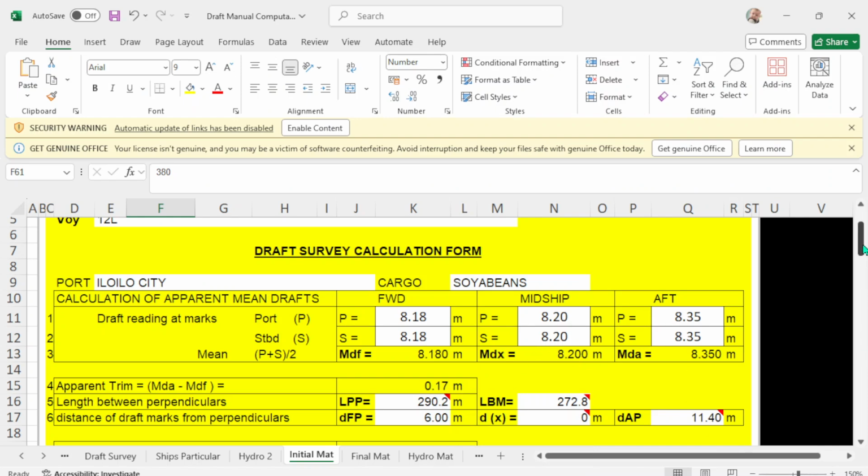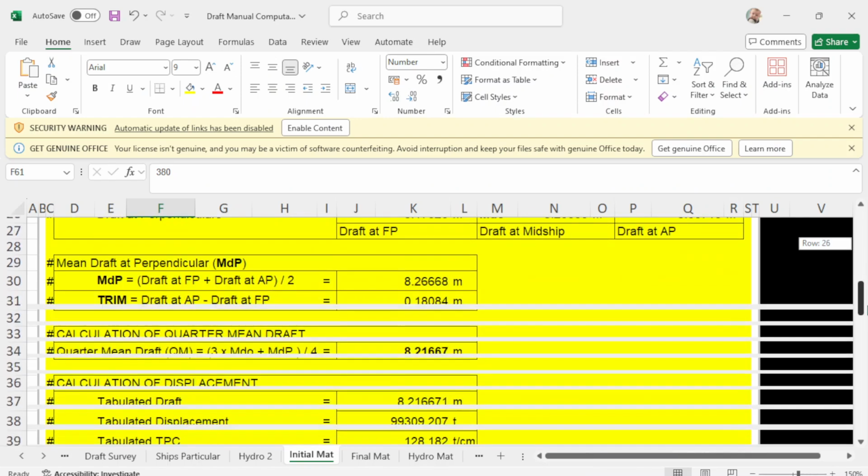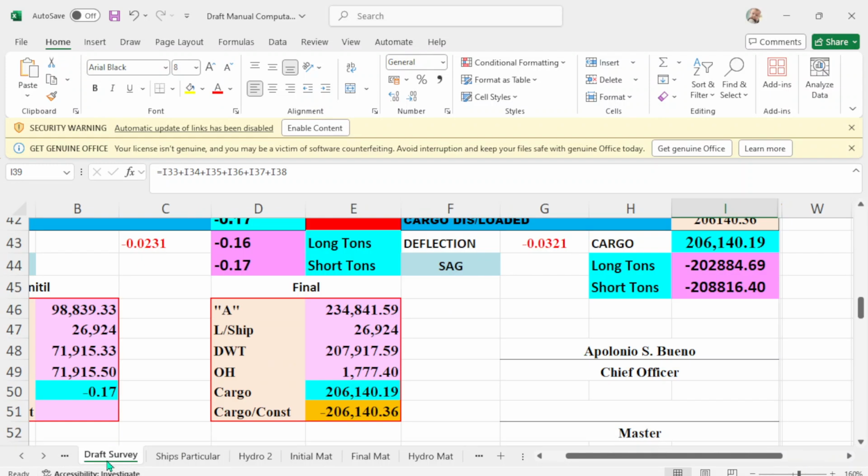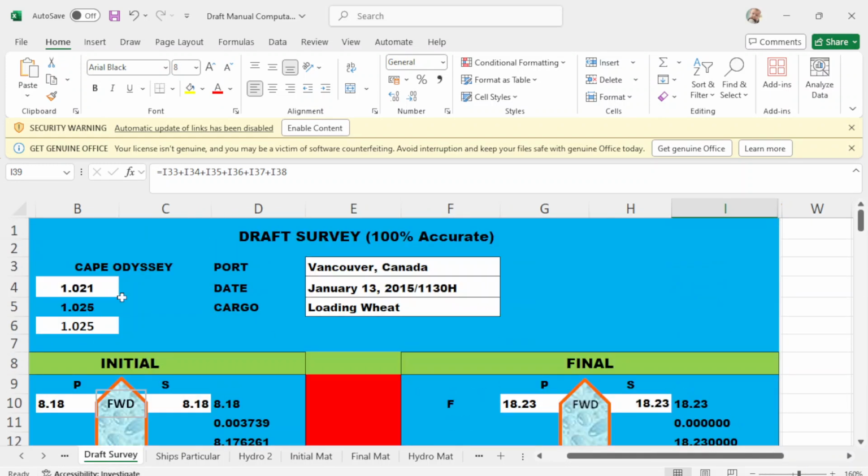Okay, you go down. Initial is 1.025. So correct.